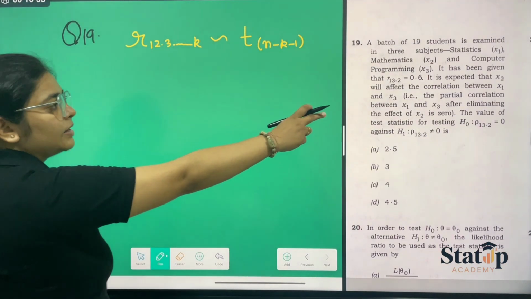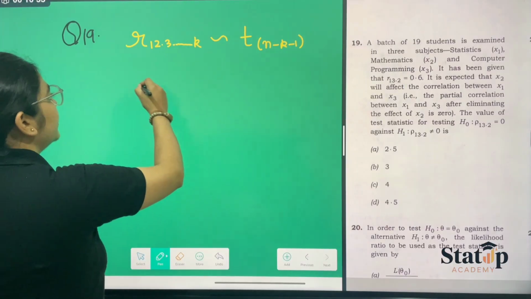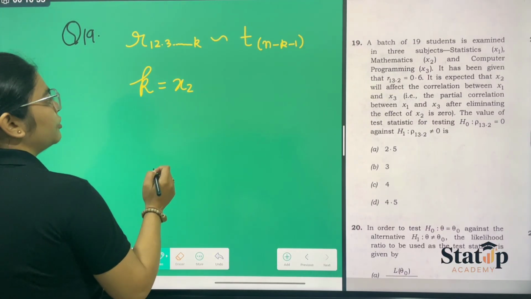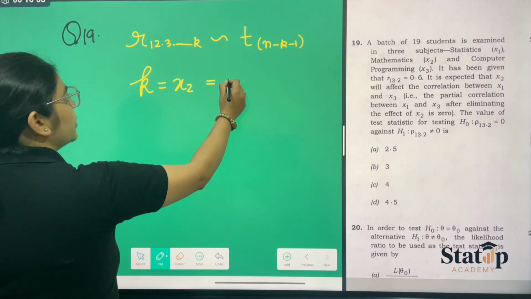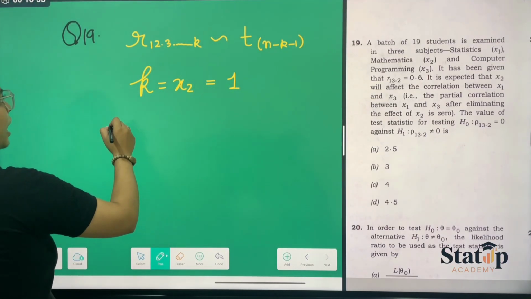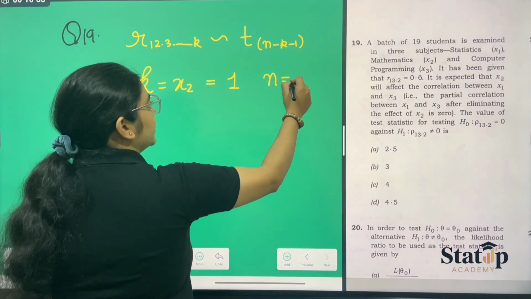Now here the affected part is only X2, which is mathematics, so k is equal to 1, and n is equal to 19.